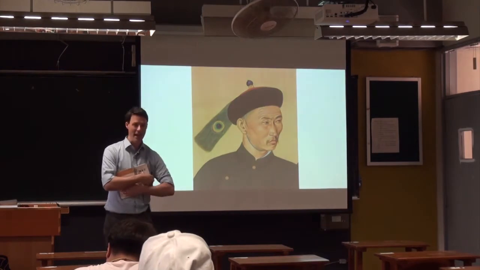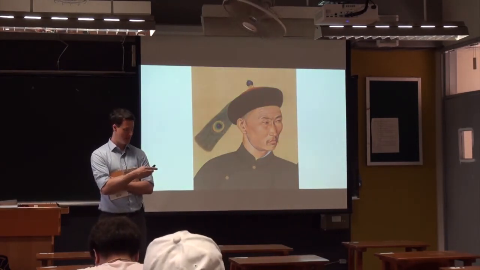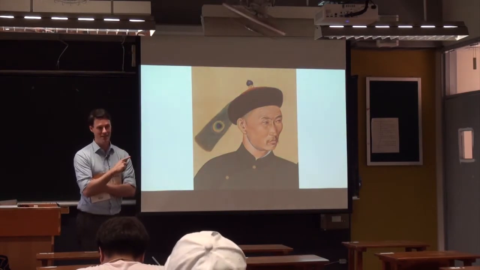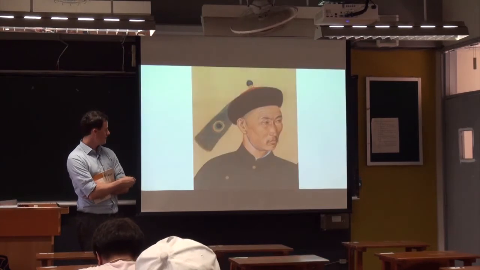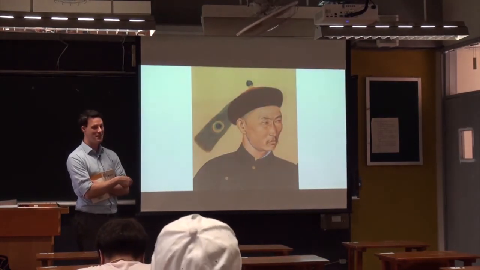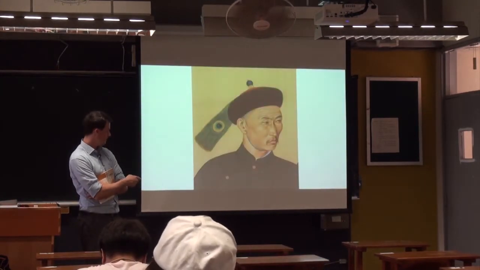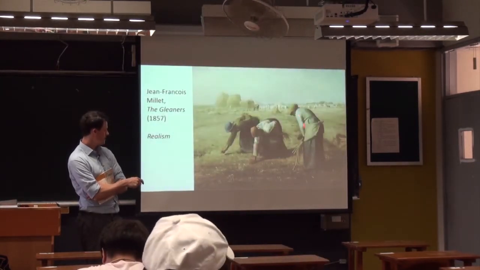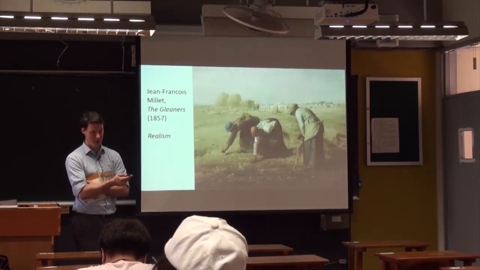And this is how you can answer that question that we ended the first part of class with. Why is this painting different from this painting? This face is very realistic, right? This is also very realistic. The way these people look, it looks quite realistic.